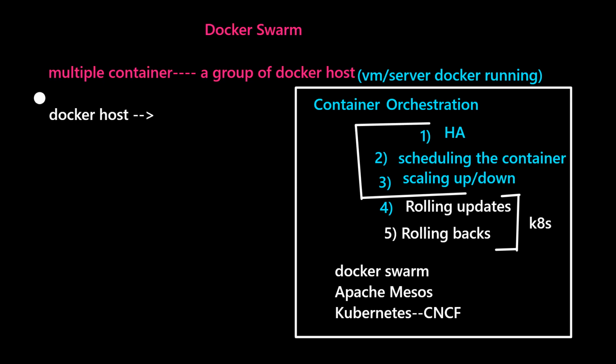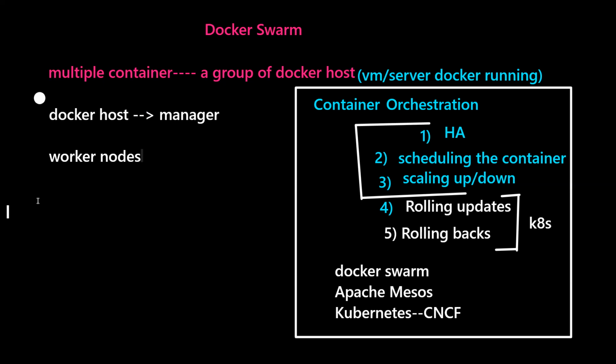One Docker host would be acting as a manager. The manager is the one which makes all the decisions, like which Docker host a container should be scheduled on. All of this planning and scheduling will be done by this manager node. Other Docker hosts will be acting as workers, worker nodes in the Docker Swarm.